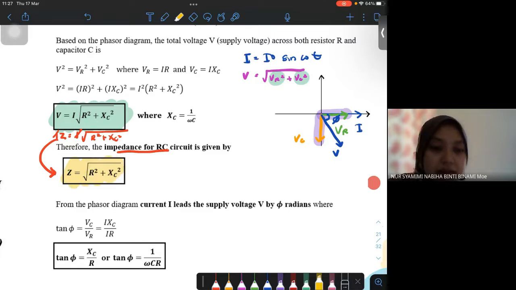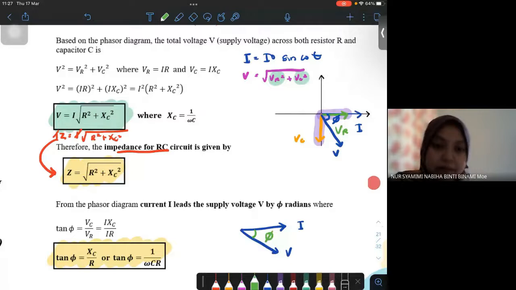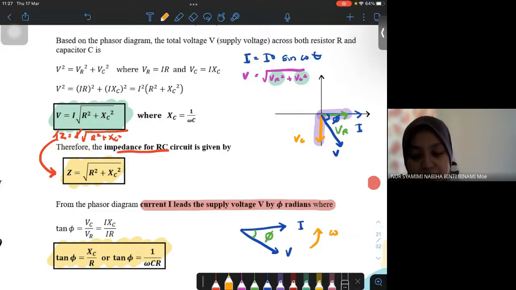And untuk cari dia punya phase difference, kita guna formula yang ini. Sebab apa? Current dekat sini, V dekat sini. So from here kita boleh concludekan that I leads the supply by phi radian, sebab dia bergerak anti-clockwise. Okay, macam mana nak kira phi? Kita guna tangent juga, shift tangent, toa, which is opposite over adjacent.